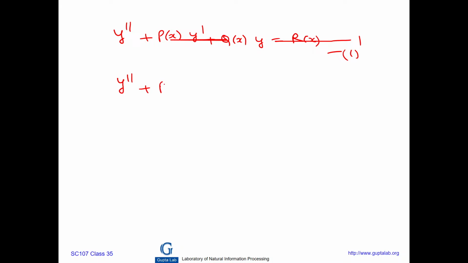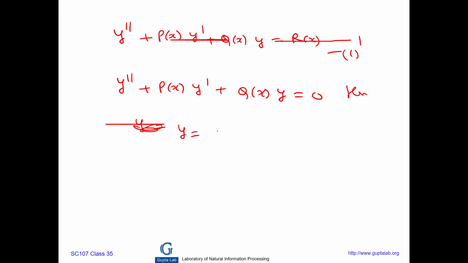Okay, so assume that the equation is, this is our non-homogeneous equation. I want to find one particular solution of this equation. And if you look at the homogeneous equation, which will be equation 2, we look at the homogeneous equation, and suppose I find two solutions, y1 and y2, which are linearly independent.